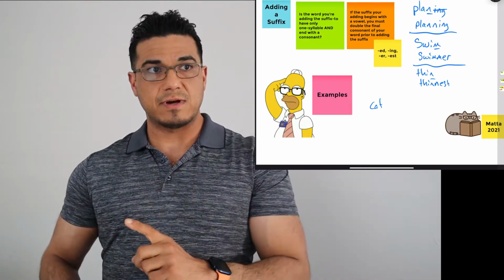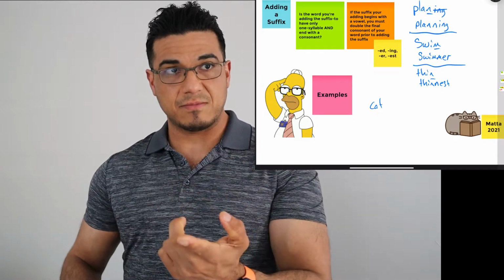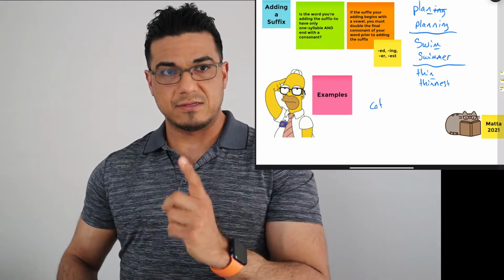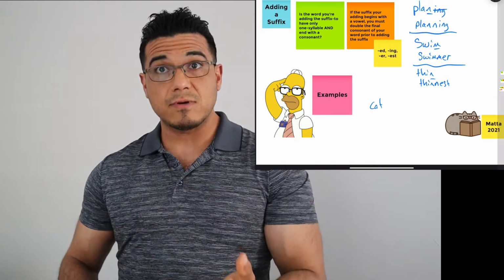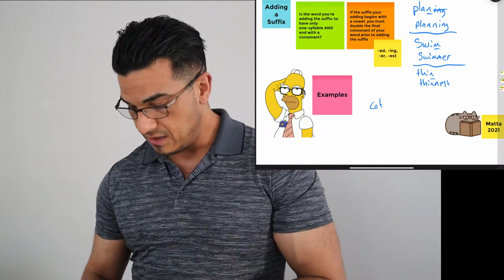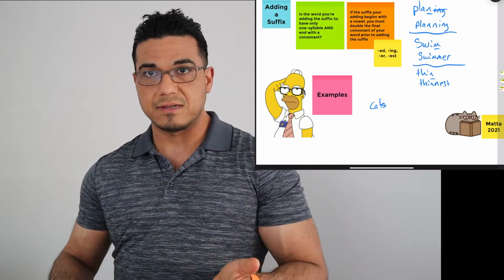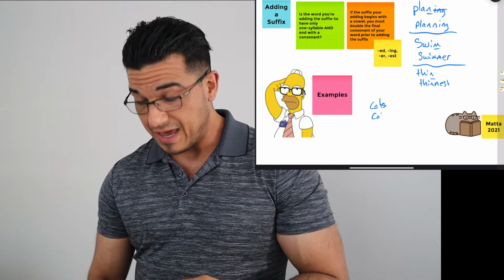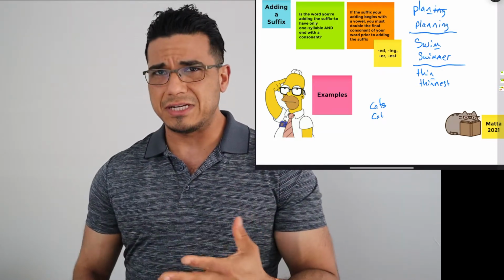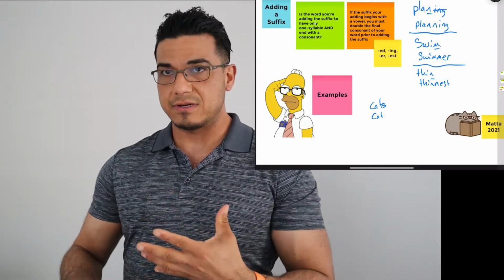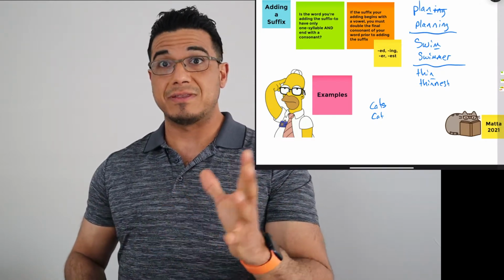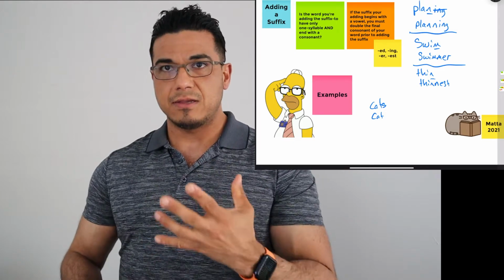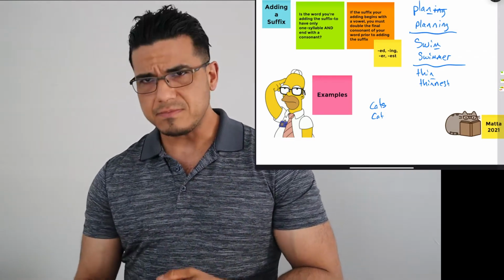It doesn't begin with a vowel, which means if the suffix I would like to add does not begin with a vowel, I don't need to double that final consonant. Instead, I could just add S in this example. And there really aren't any other suffixes I could add to cat, like ing. Catting is not a word, catter is not a word, although it could be cater, but even in that example it would be a double T. And you get the point.